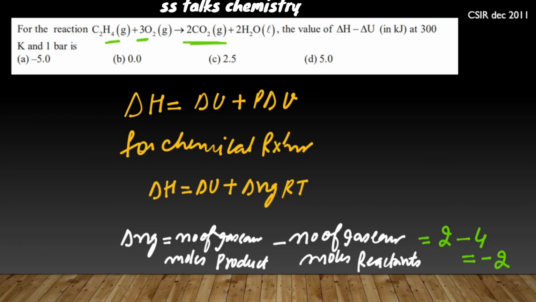So from here, delta H is equal to delta U plus delta ng, which is minus 2, into RT. This is what we are getting.